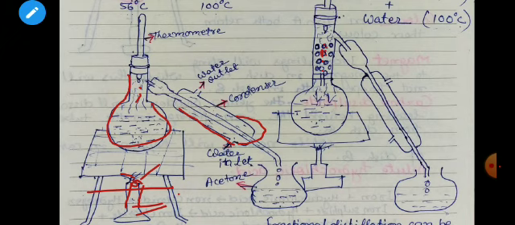This means that by using a fractionating column, both evaporation and condensation will occur simultaneously, and vapors of alcohol will escape from the flask and will collect in the receiver after condensation, as described in the case of simple distillation. At the same time, the vapor of water will fall back in the flask after getting condensed. In this manner, fractional distillation helps in separating two miscible liquids.